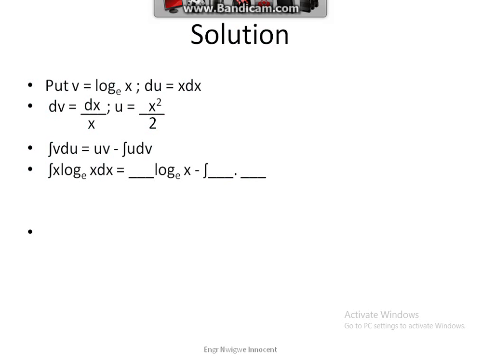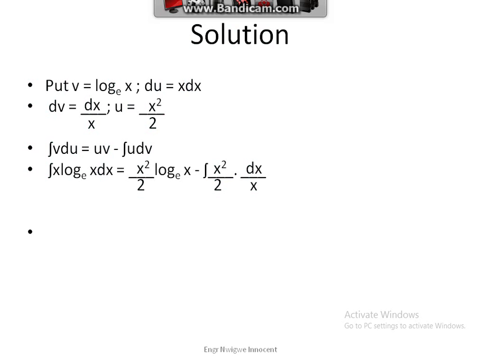s squared over 2, that is u, times v, which is log base e of s, minus the integral of s squared over 2, that is u, times dv, which is 1 over s ds.